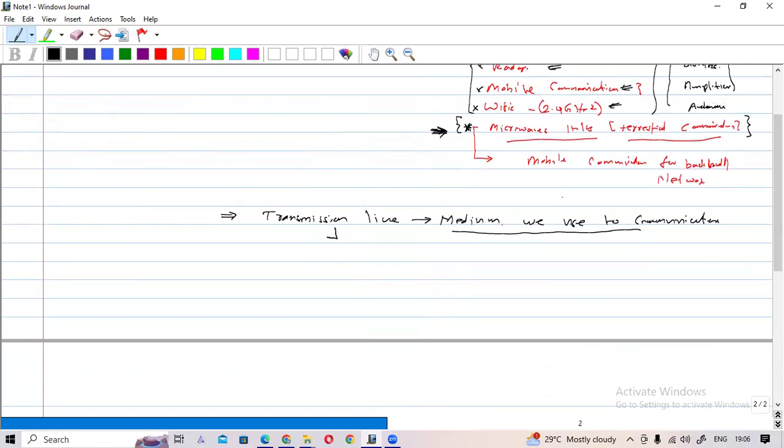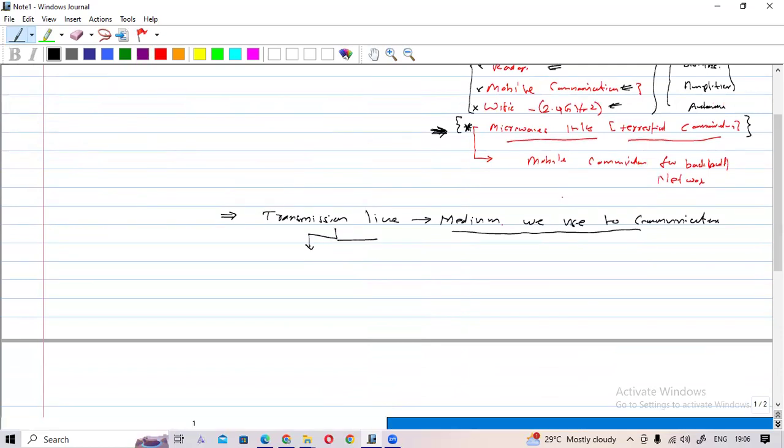As you know, there are two types of transmission line, guided and non-guided. Maybe you can remember non-guided. We have focused on guided transmission line. There are many types of transmission line. Copper transmission lines are used for microwave communication.